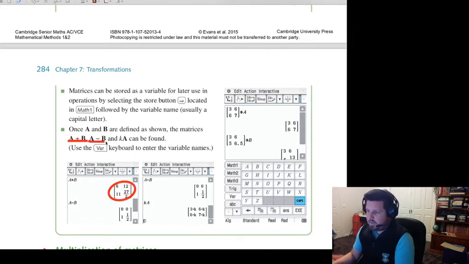Likewise, A take away B, type in A, take away B if you've defined them. Bam, calculator does it for you. If you had to do a scalar multiplication, like say 2 times matrix A, you can just type in 2A, for example, press enter, and it will do it for you, which is very, very cool.